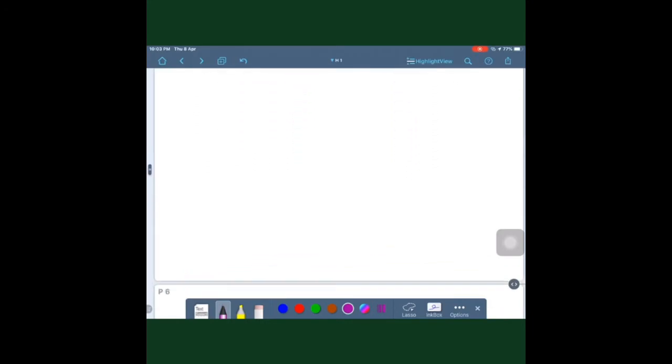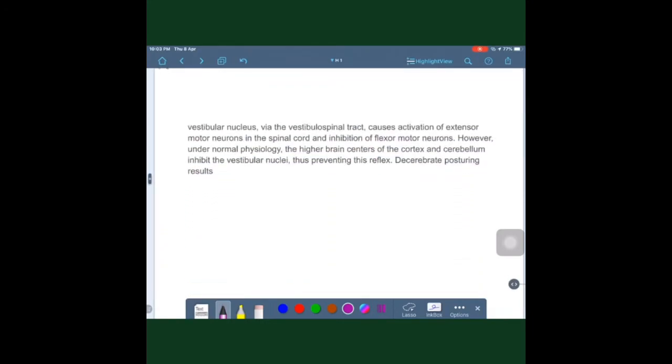Then why does the decerebrate posture occur? From the vestibular nucleus there will be the vestibulospinal tract. The vestibulospinal tract helps in activation of extensor motor neurons in the spinal cord and inhibition of flexor motor neurons.